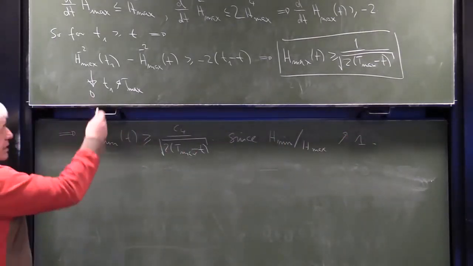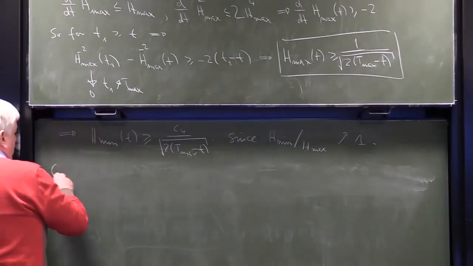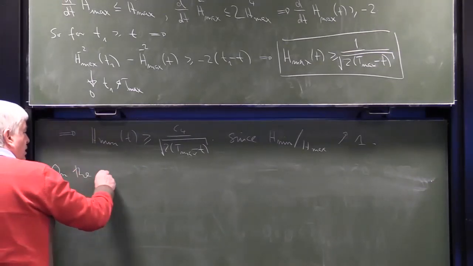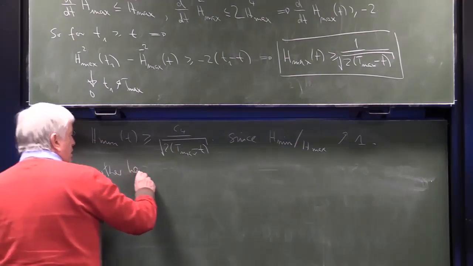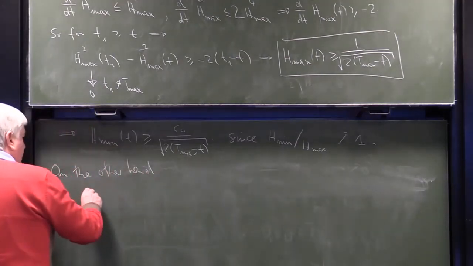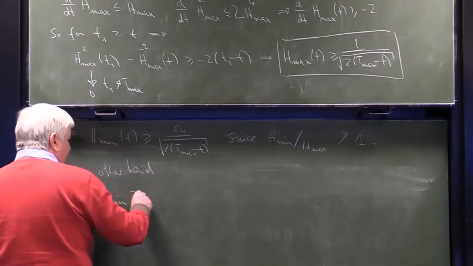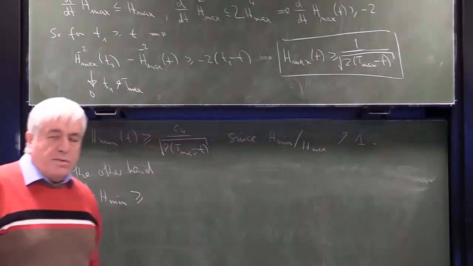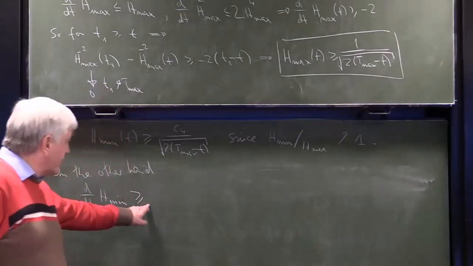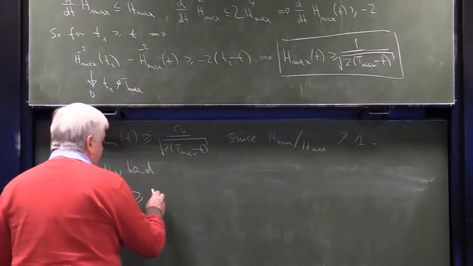Now, to get the other inequality, I can estimate d/dt of H min. The minimum of the Laplacian is greater or equal to 0, so I can again throw away the Laplacian.